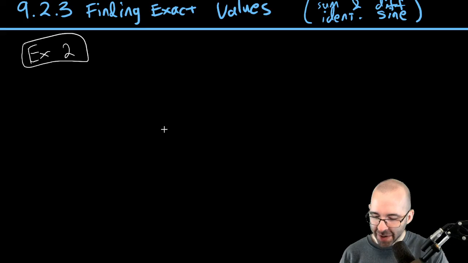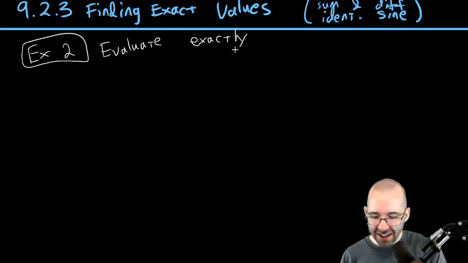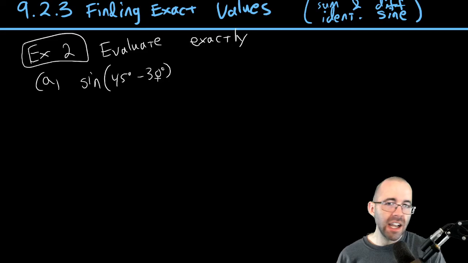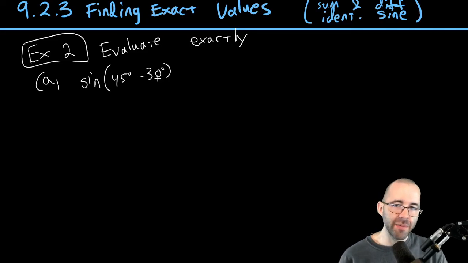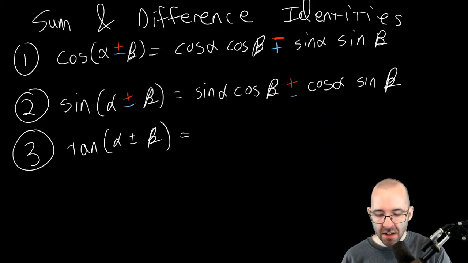Example 2, evaluate exactly. Part A. Let's look at the sine of 15 degrees. It's the same thing as the last video. Just practice with a new formula. So here we have a subtraction. It's the angle difference formula.